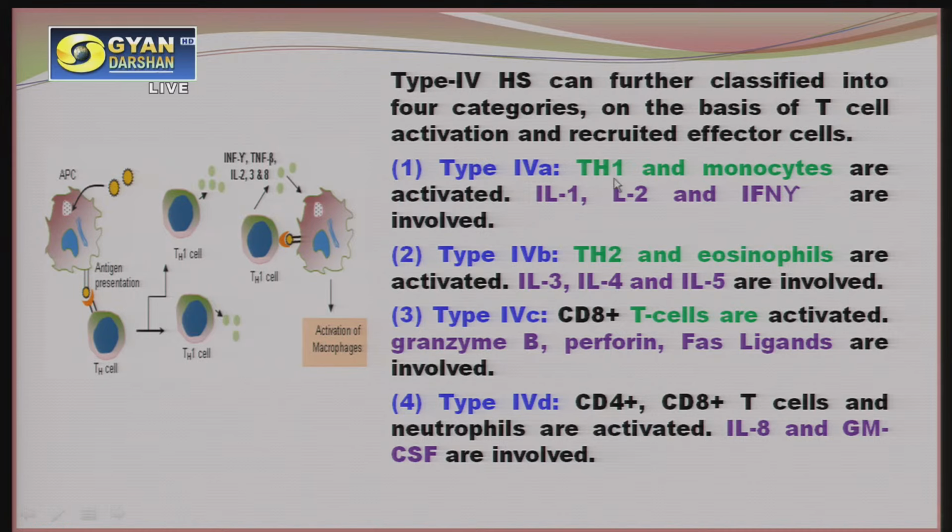In type 4A, T helper cells and monocytes are activated, and interleukin 1, interleukin 2 and interferon gamma are involved.